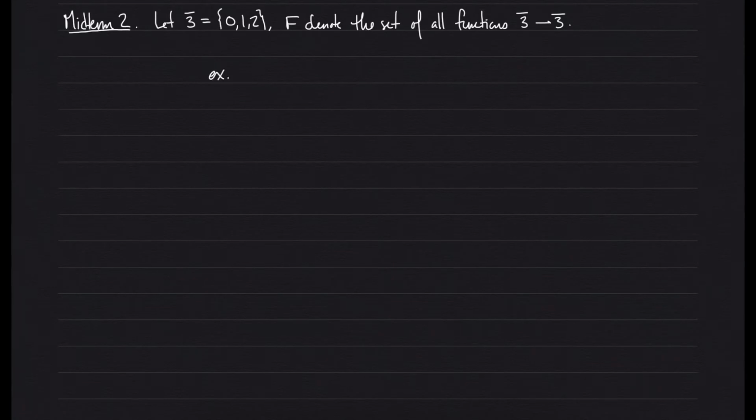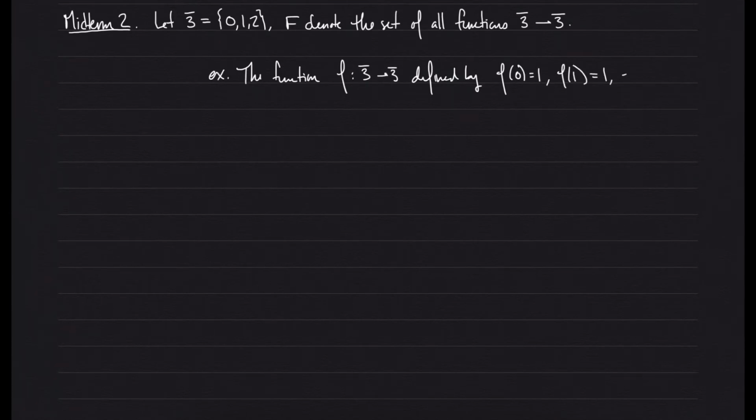So for example, the function f from 3 to 3 defined by, say, f of 0 equals 1, f of 1 equals 1, and f of 2 equals 2 is an element of F.